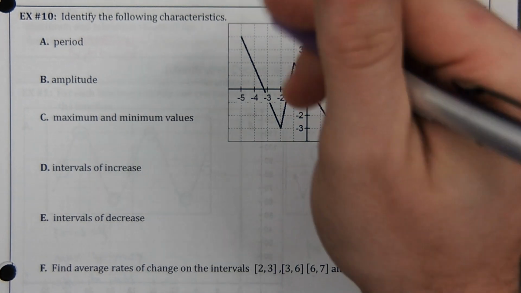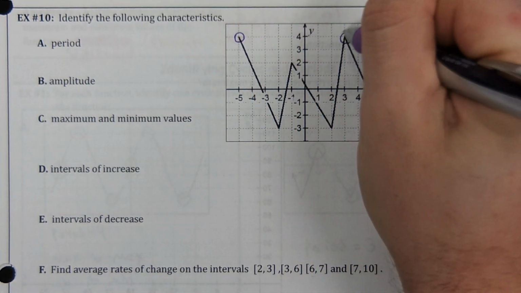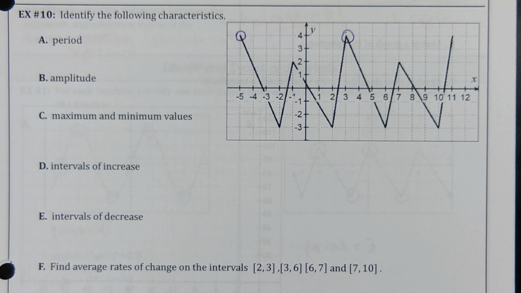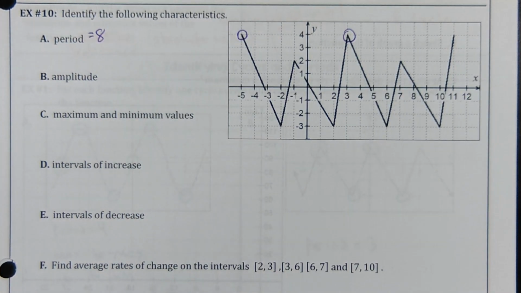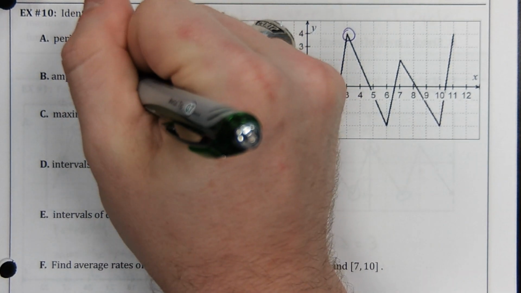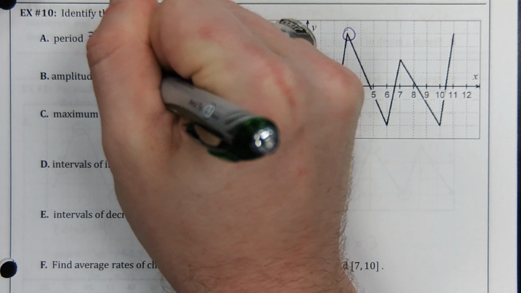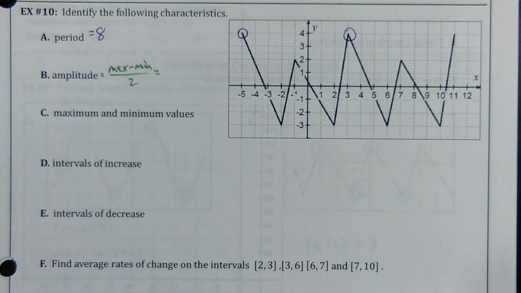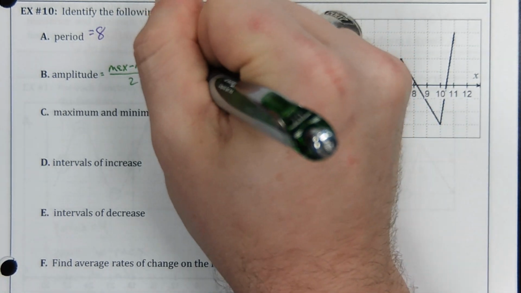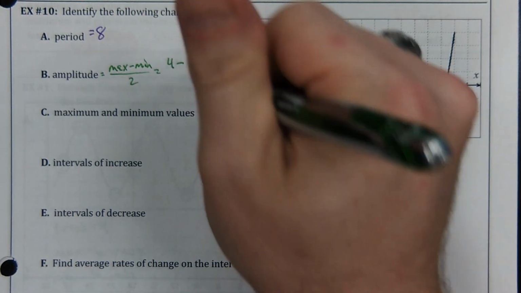Period length. What is it? Looks like it's 8 again. Amplitude. The absolute maximum minus an absolute minimum divided by 2. An absolute max is 4. An absolute minimum is -3.